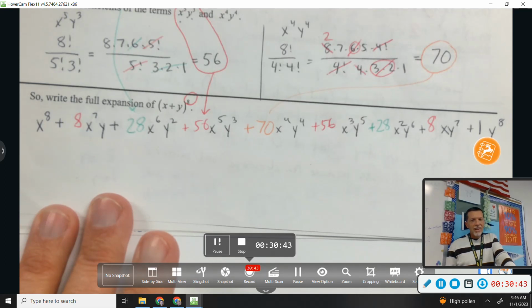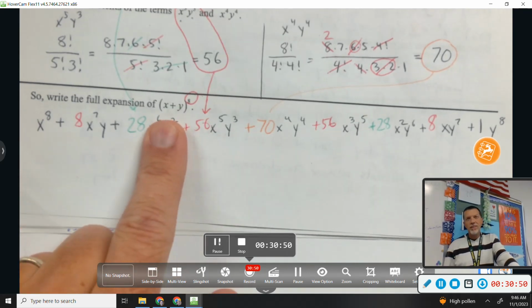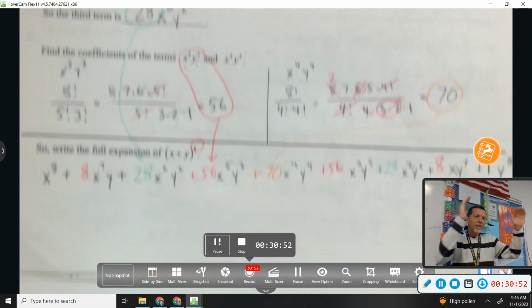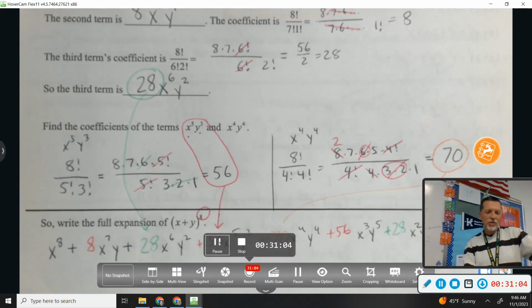But I still claim that's way, way, way, way better than doing x plus y to the 8th, x plus y times x plus y times x plus y times x plus y. Right? Maybe that could have been our warm-up for the lesson: do x plus y to the 8th longhand, and then you would have an even better appreciation for the shortcut.